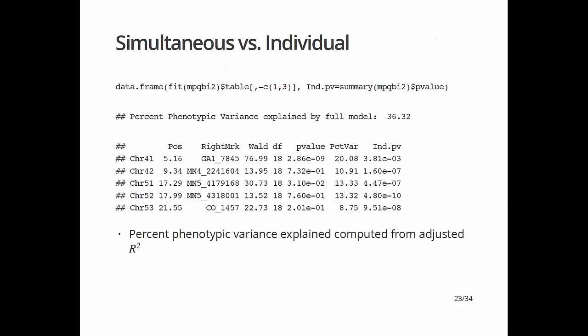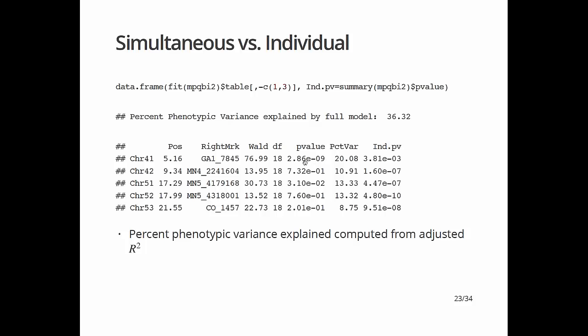If we compare the simultaneous model, the output from fit, with the output from the summary, which is just fitting a model with 1 QTL in it, then down here I've just output a subset of information from both of them. A lot of it overlaps, so the chromosome, the position, the flanking markers, and so on aren't going to change, but the p-values are.